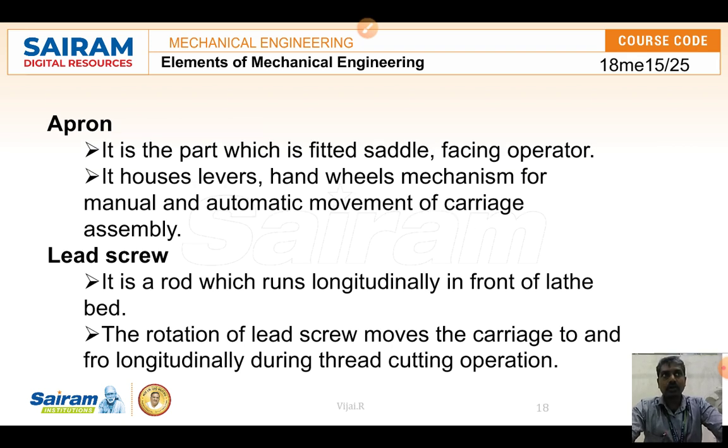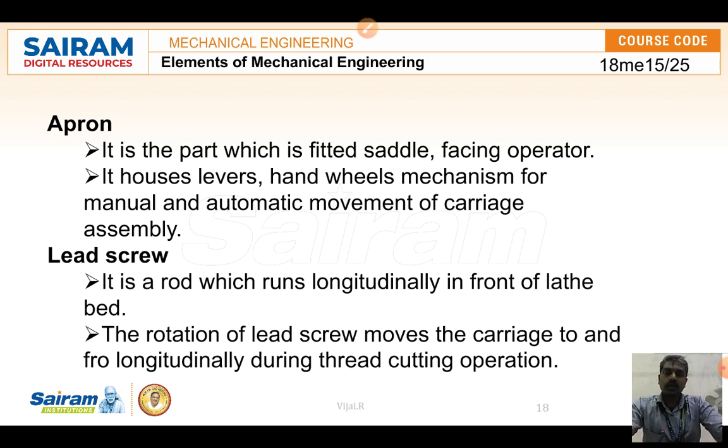And the apron is used to cover all the parts in the carriage, and it houses the levers, hand wheels, and mechanisms in the carriage. Next, the lead screw. The lead screw lies longitudinally in the front of the lathe bed.